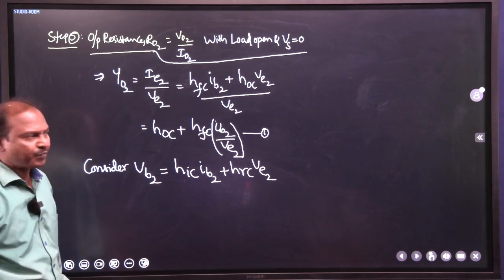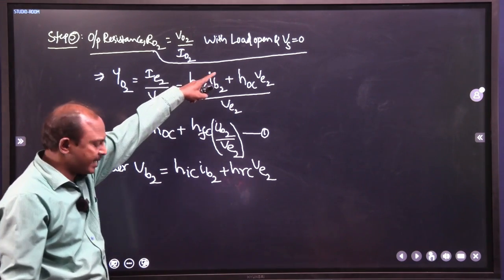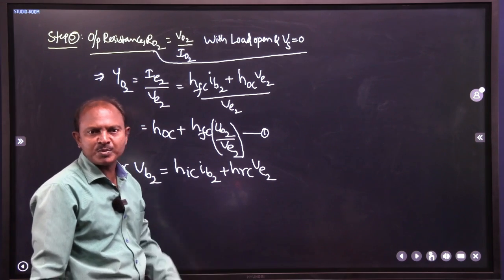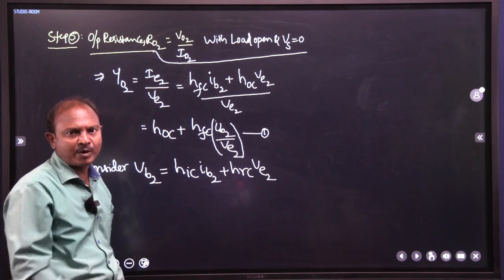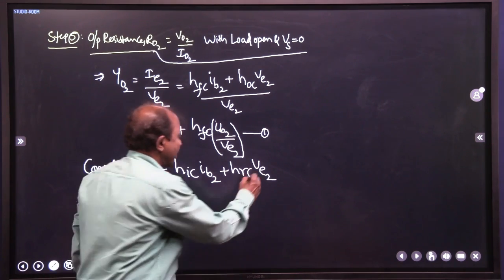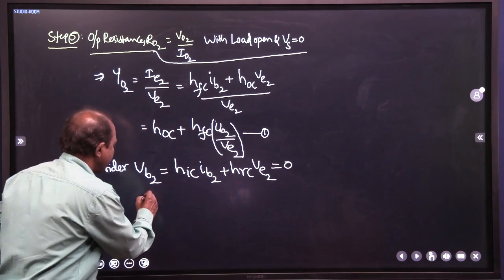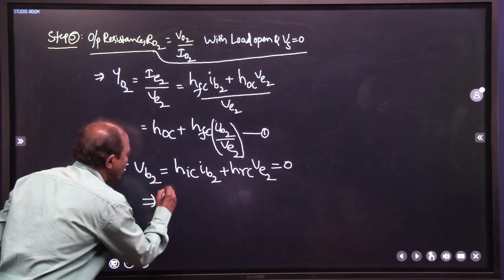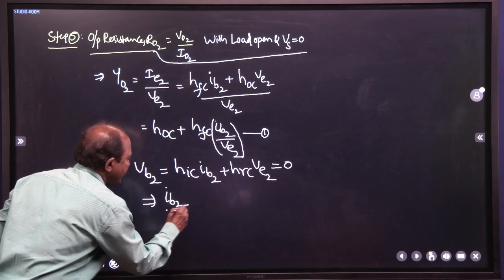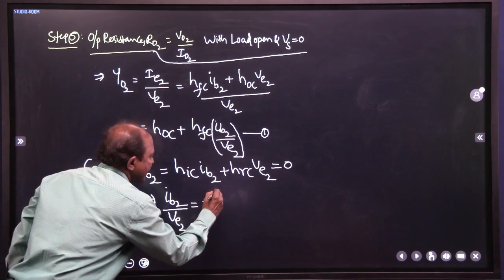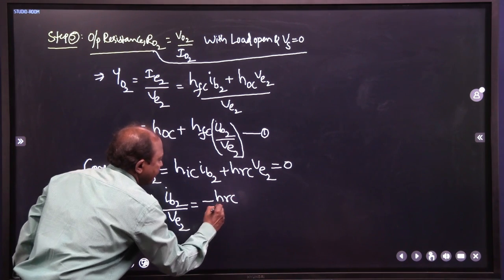But according to the second condition, Vs or Vi should be equal to 0. Input voltage must be equal to 0 for the estimation of output resistance. That means this must be equal to 0. From this, we can get an equation for IB2 by VE2 equal to minus HRC by HIC.